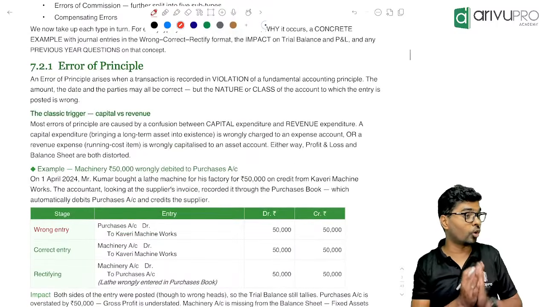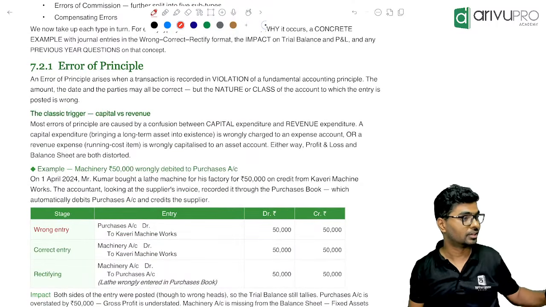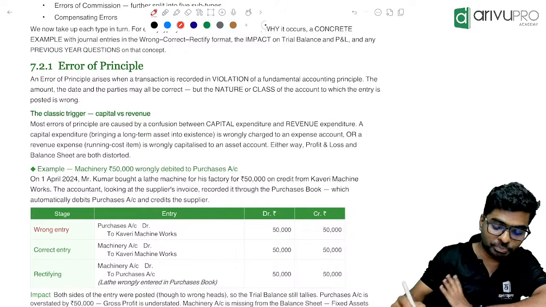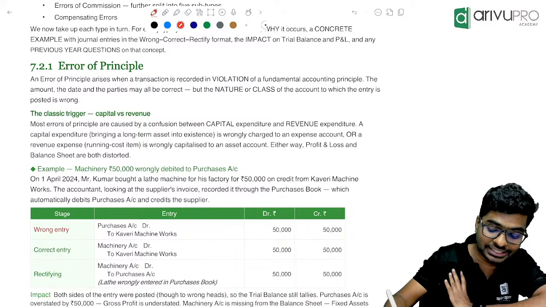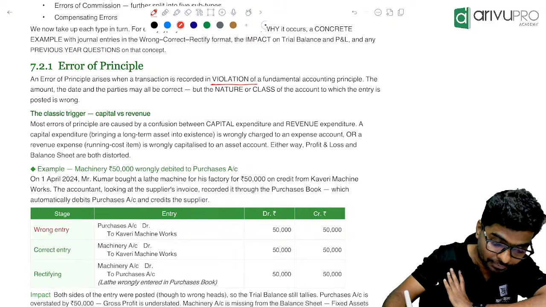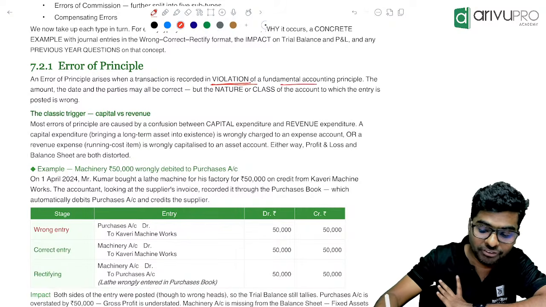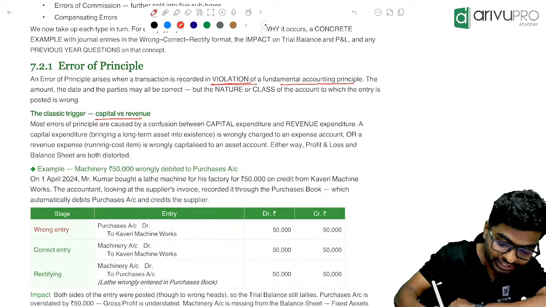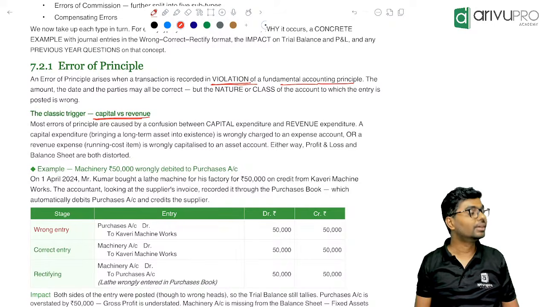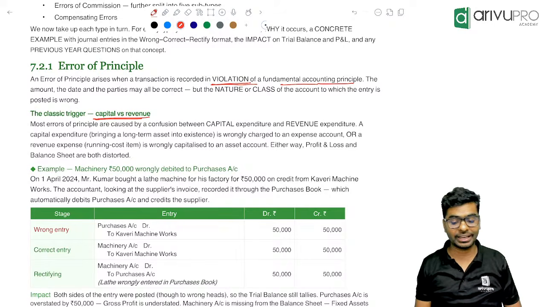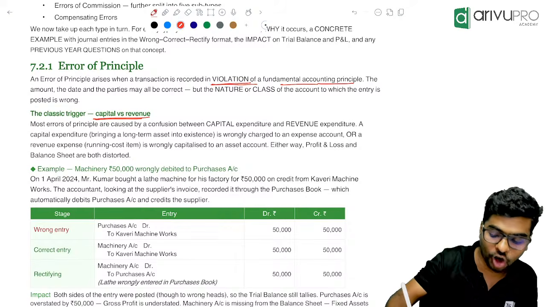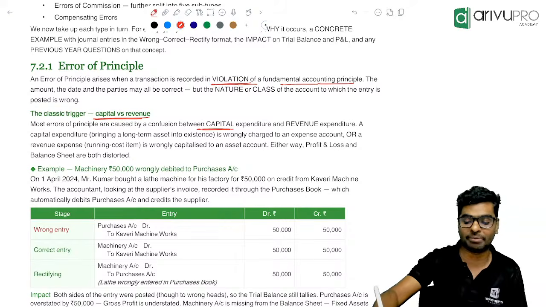We are now going to go very deep into each of the errors so that we can get the concept right. Error of principle arises when a transaction is recorded in violation of a fundamental accounting principle. The classic trigger is capital item getting treated as revenue. Most errors of principle are caused because of confusion between capital expenditure and revenue expenditure.